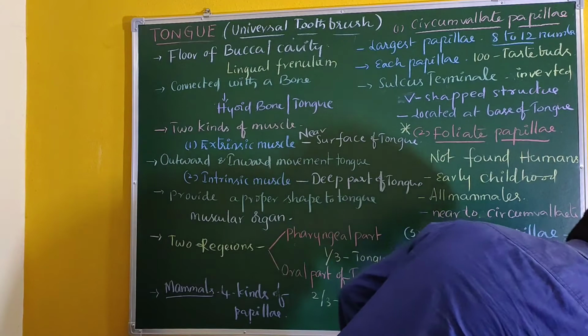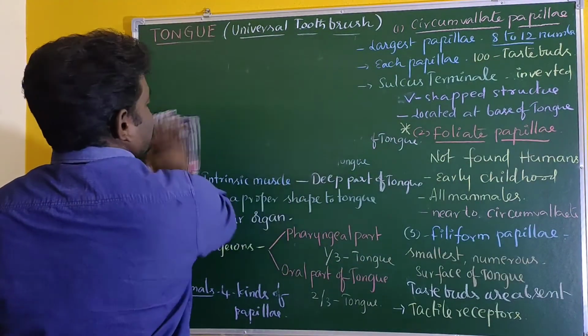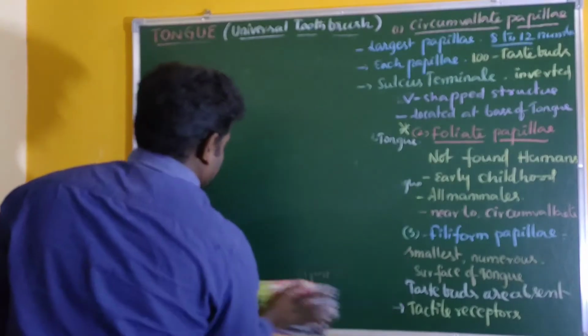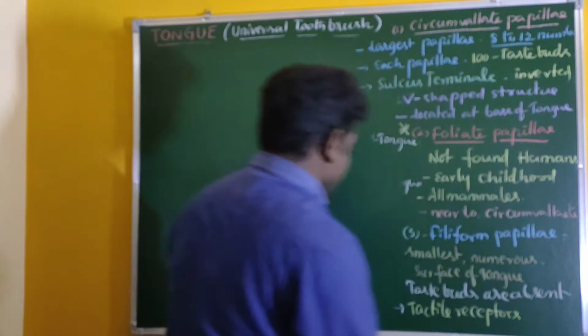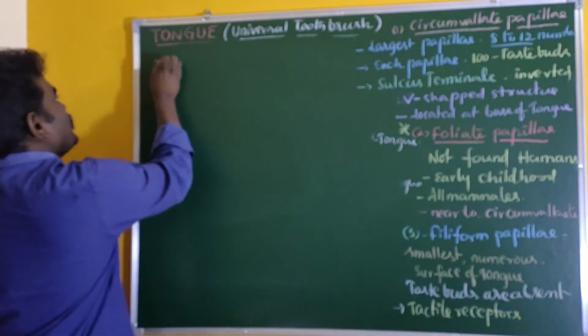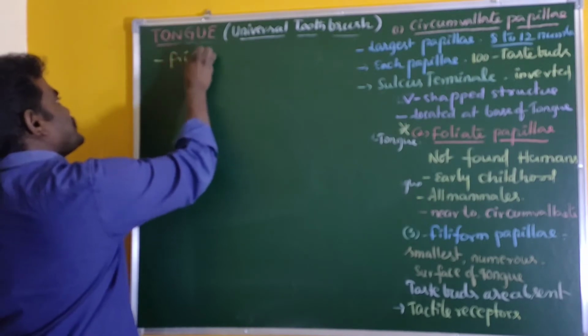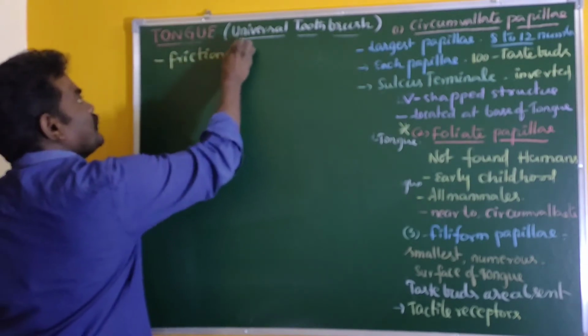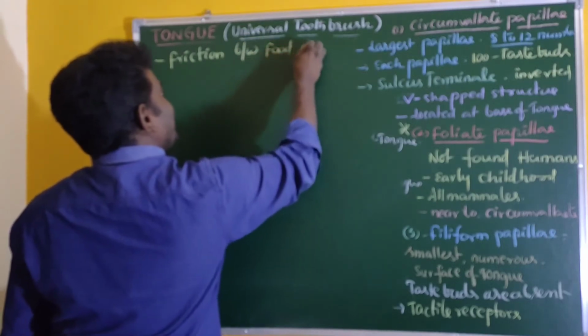This tactile receptor's main functional role is they promote friction between food and tongue.